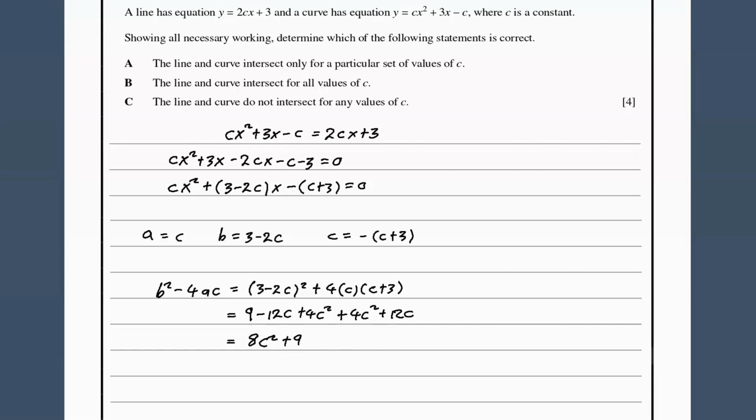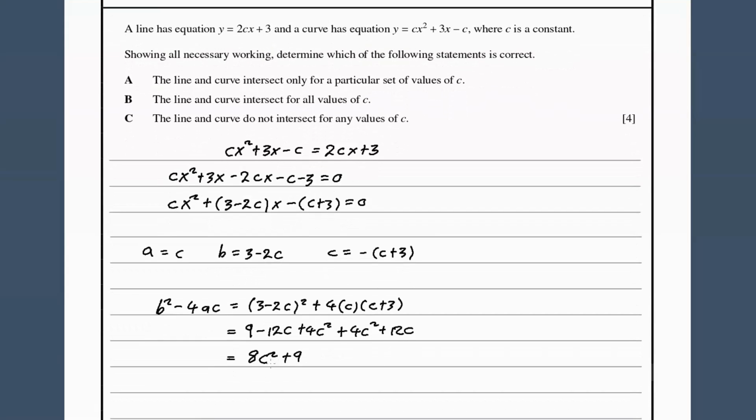And I think you can see that for any value that c can take, the discriminant, the 8c squared plus 9, will always be positive. It will always be greater than 0 for all possible values of c. And greater than 0 for the discriminant means two distinct real roots. So from the options we have, A said the line and the curve intersect only for a particular set of values of c, which would be wrong.